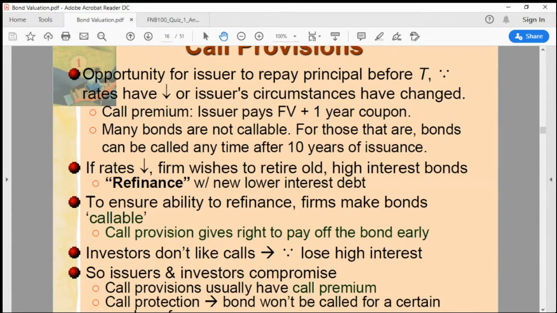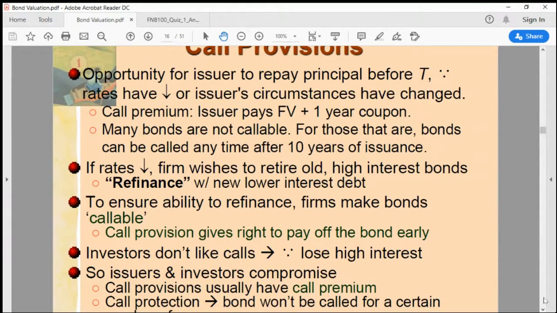So just like that, if they call the bond, they pay you 1 more year's coupon interest as the penalty for early termination, which is called the call premium.